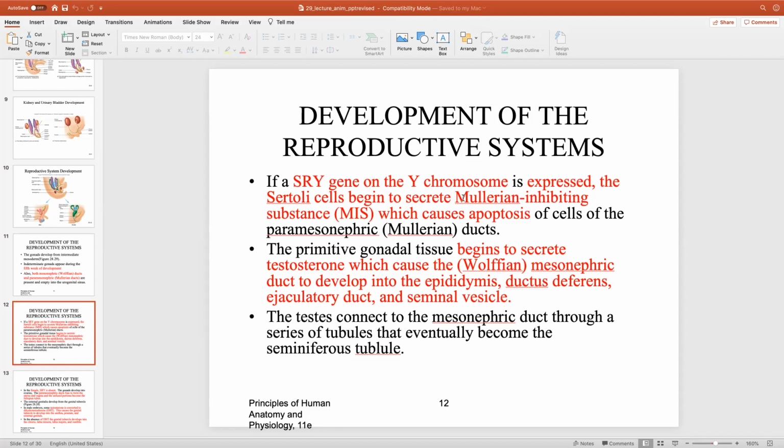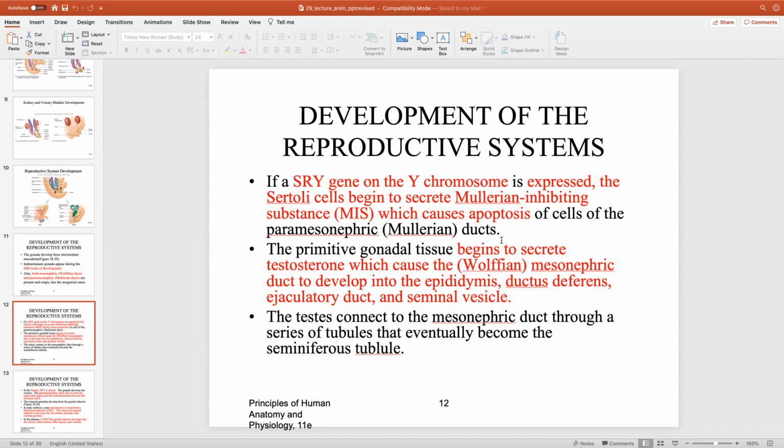So what do I want you to know? Basically at the start of the second trimester, end of the first, this SRY gene on the Y chromosome is going to activate. It's going to cause Sertoli cells to release Müllerian inhibiting substance, causing the female paramesonephric Müllerian ducts to die off.